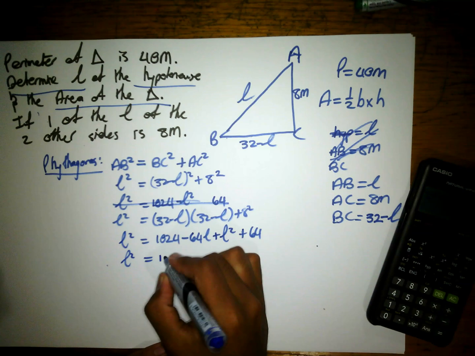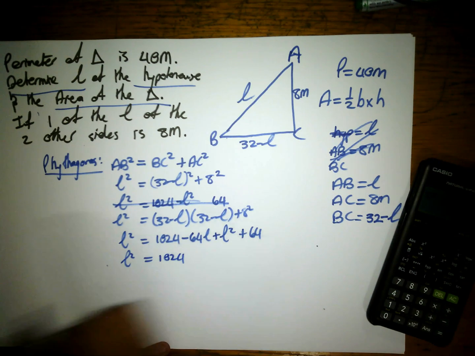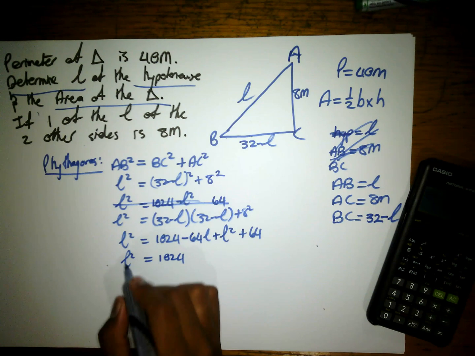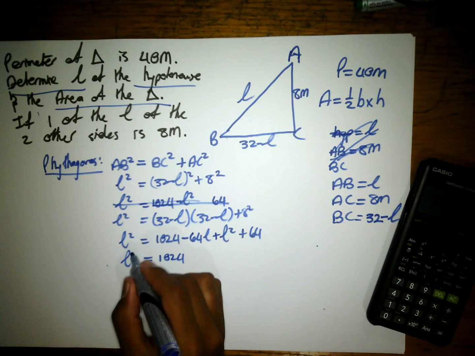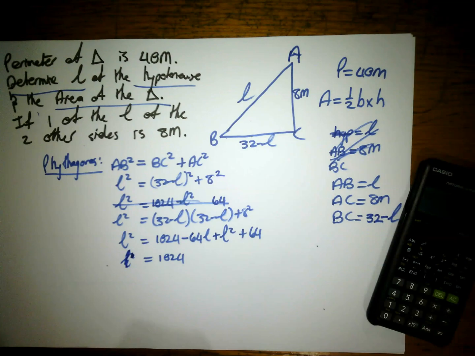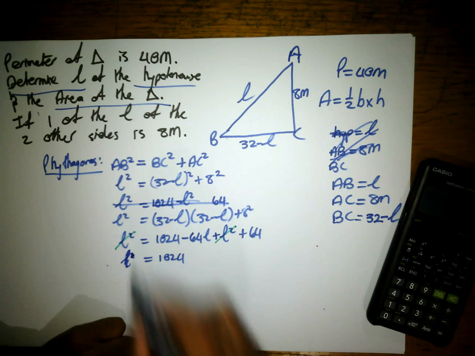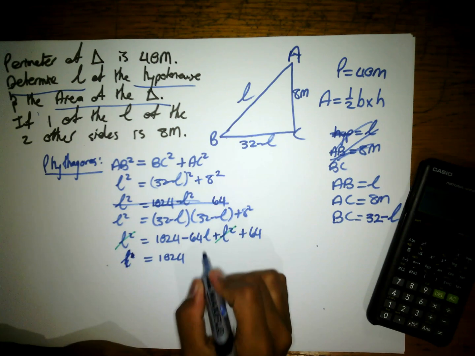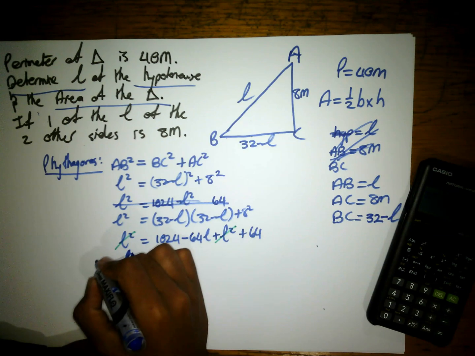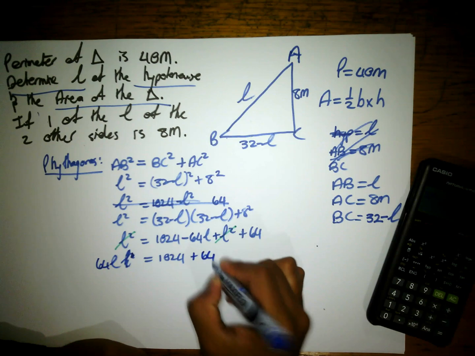So 1024. Okay, now we must simplify. Oh, my brain is getting tired now. So this L squared will cancel with that L squared. Then we are left with this minus 64L, and this 64 we're gonna keep there.